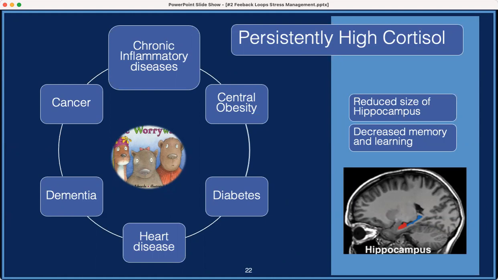It also causes multiple chronic inflammatory diseases. That chronic stress causes central obesity, like you see in Cushing syndrome. It causes prediabetes because you're having this chronic state of elevated glucose. And with that, inflammatory diseases like heart disease, inflammatory changes in the brain and dementia. And it also is a precursor for cancer.